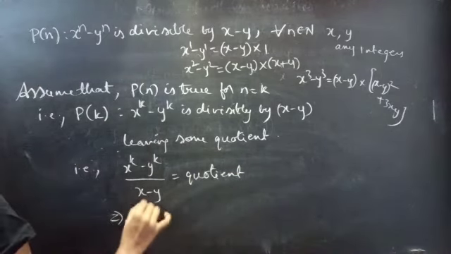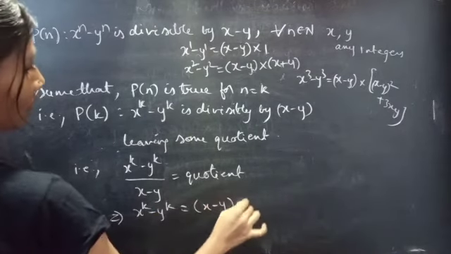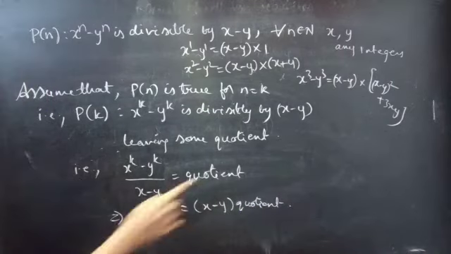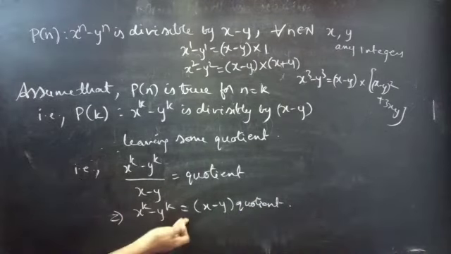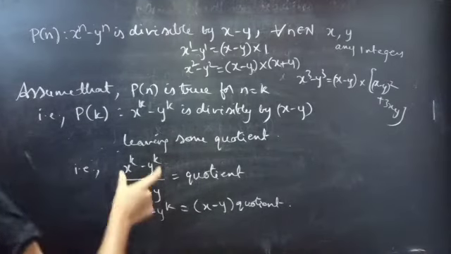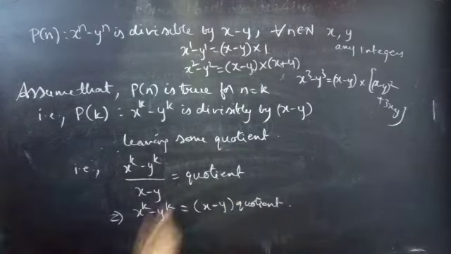From this we'll get x minus y into quotient, or simply you can write this. From this statement we can write this, leaving some quotient is nothing but equals to quotient.